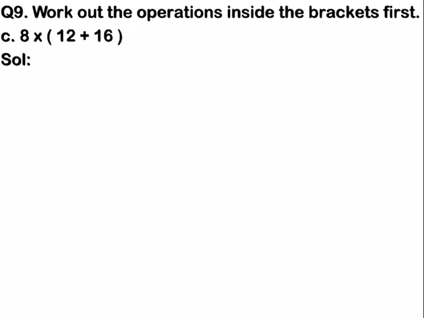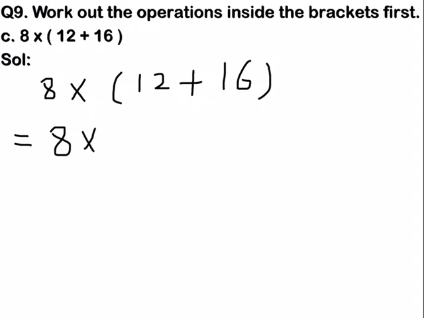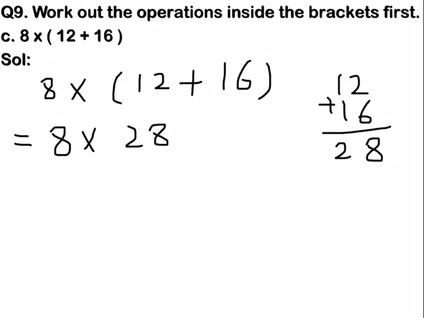And the part C, the value of part C is 8 multiply round bracket 12 plus 16 bracket close. 8 multiplied by, in bracket there is addition, that is 12 plus 16, 6, 7, 8. 1 plus 1, 2. Now 28. The next step is multiplication, that is 28 multiplied by 8.